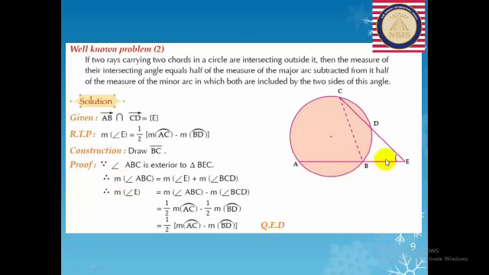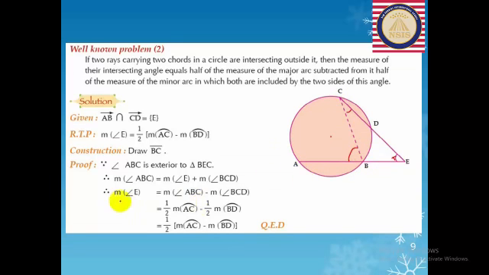And the angle ABC, what is it? It's an exterior angle of this triangle. So it's equal to E and this angle, the sum of them. And we said this one is half this arc, and this angle is half this arc.